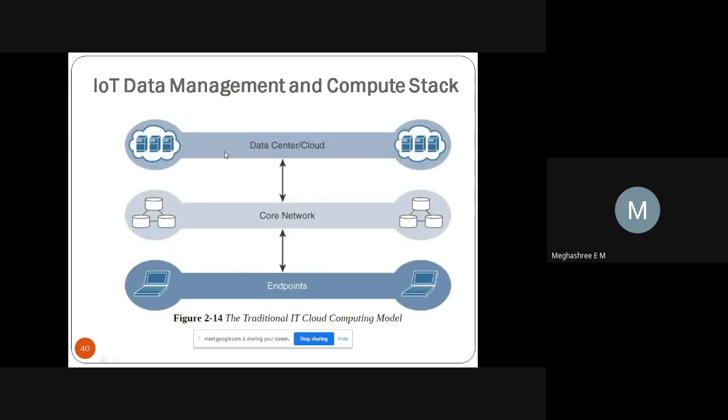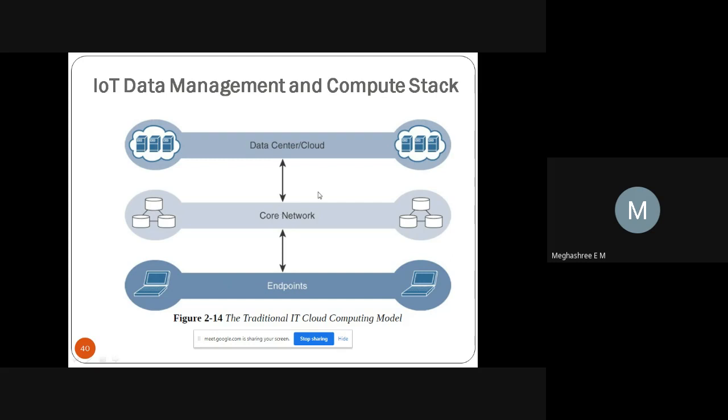What you are seeing in this diagram is a traditional IT cloud computing model, where you can see endpoints and three layers. The endpoints are the things or objects connected to the internet, devices or anything that is connected to the internet. And as you know, once the data is collected at this point, it is transferred over the network, that is the second layer.